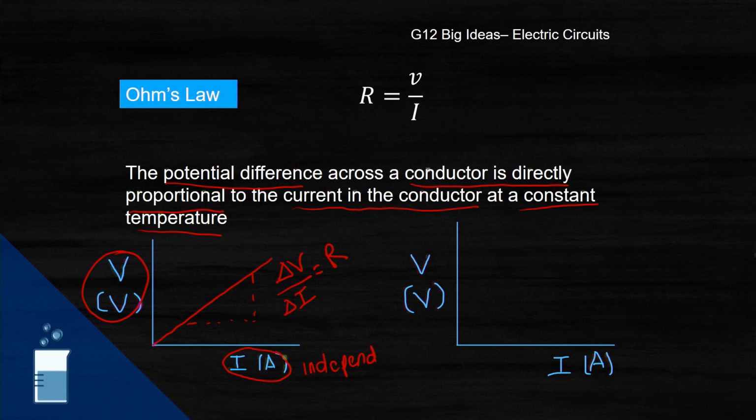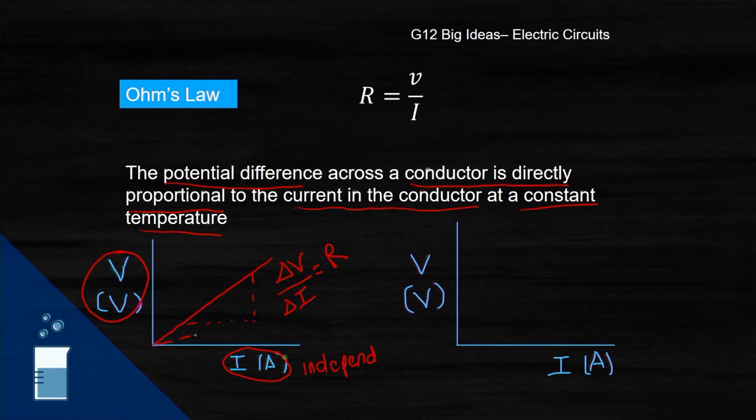If we have a resistor of lower resistance, we get a gradient which is a less steep slope. If the resistor is of a higher resistance, then our slope will look like that.